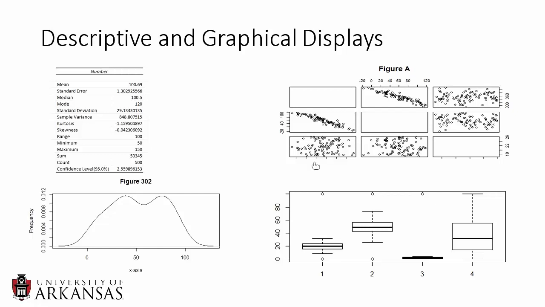So if you've got a large data set, let's say you have 10 or 20 different variables and you just want to see at a glance what's happening, you can run this kind of pairs plot in R and it'll show you. Another type of a descriptive display is a box plot. You guys have probably seen box plots before. In our class, we also talk about how to sort them out by category. A box plot will give you a little line across the middle to show you the median, which is the 50th percentile.